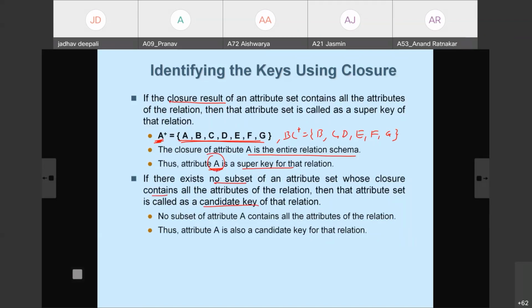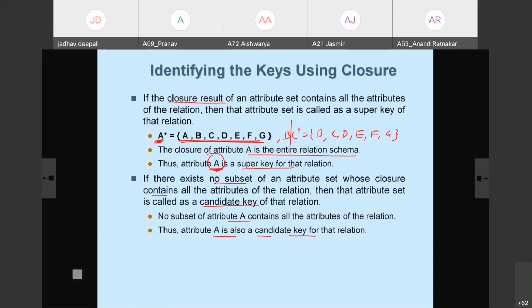Here we can divide it into two subsets, B and C. But here, as it is a single attribute, no subset of this attribute set has a closure that contains all the attributes of the relation. Then that becomes the candidate key. So no subset of the attribute A contains all the attributes of the relation. Thus A is also a candidate key of the relation.